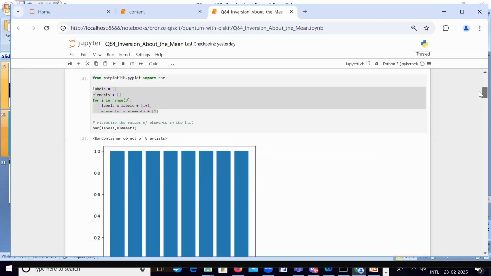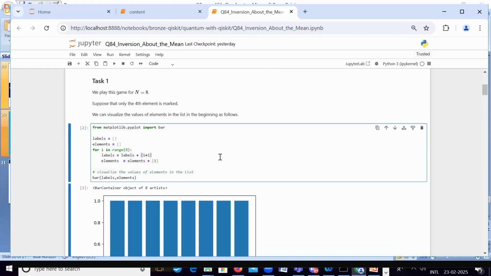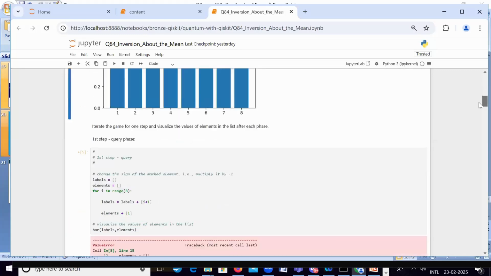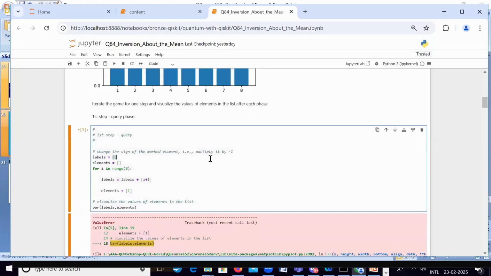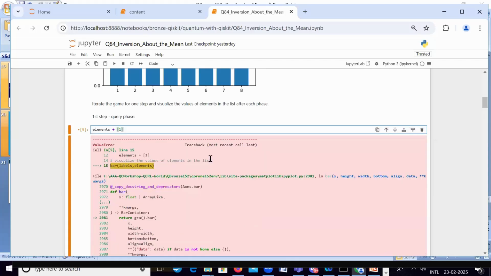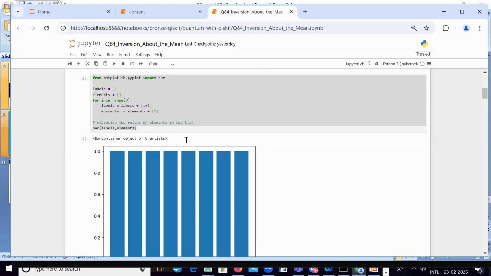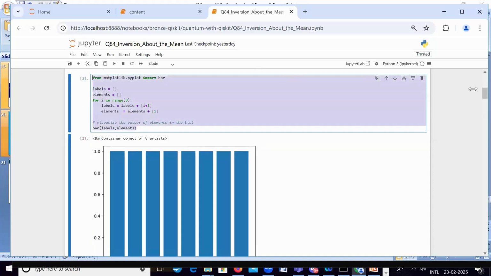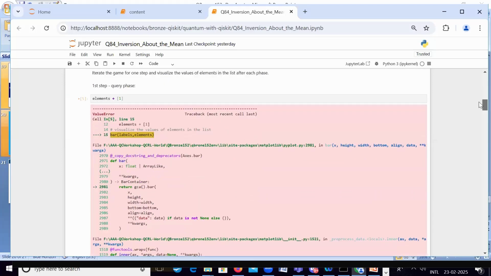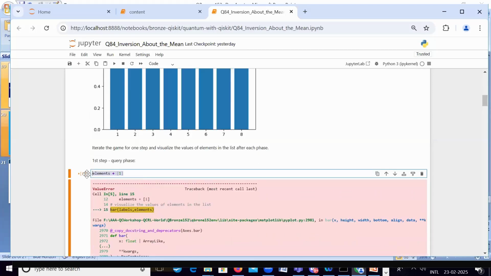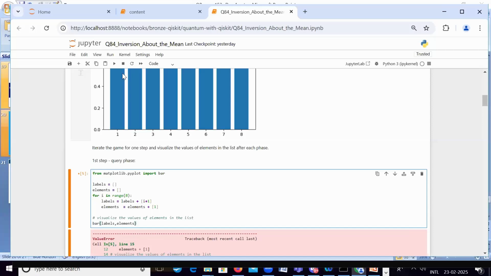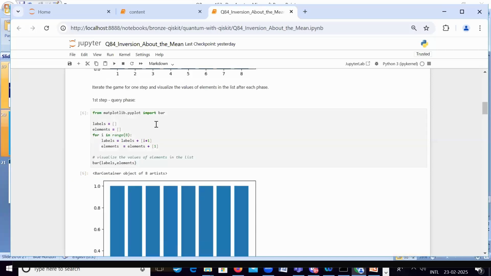So let me put it the way it is. It's working. The L was missing somewhere, could be because of some reasons. We are going to check without any change now.